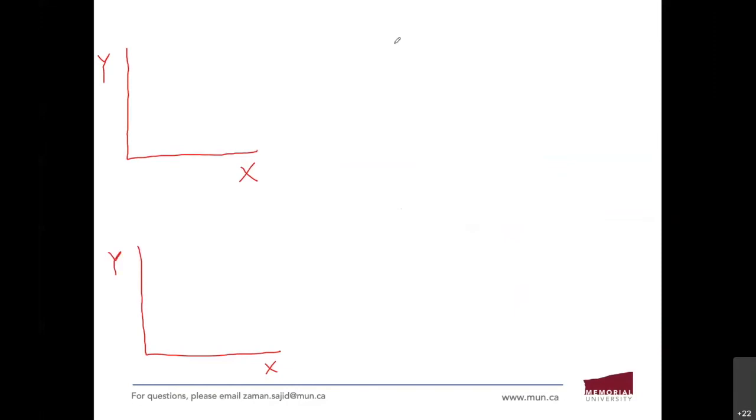And the covariance formula that we just studied is covariance of x, y is equal to the expectation of x minus mu of x times y minus mu of y. That's the formula we studied before.